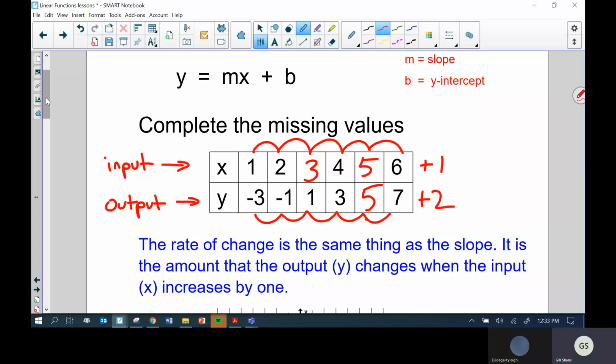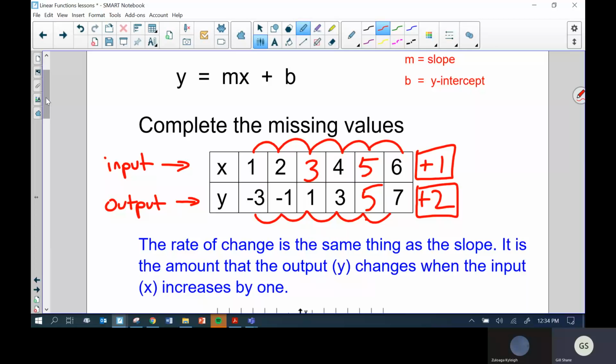So we've already got it set up to where it's increasing by 1. So if it's already set up to where it's increasing by 1, then this is our rate of change, 2. Plus 2 is the rate of change.